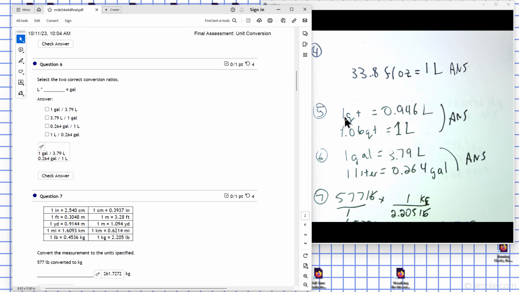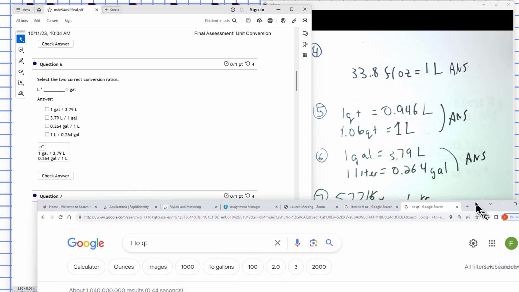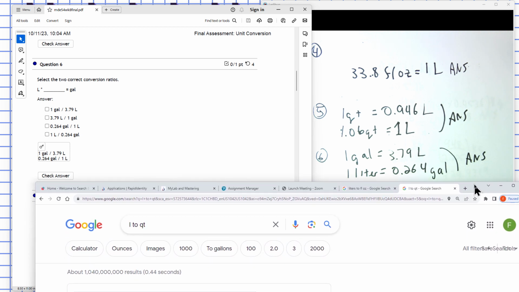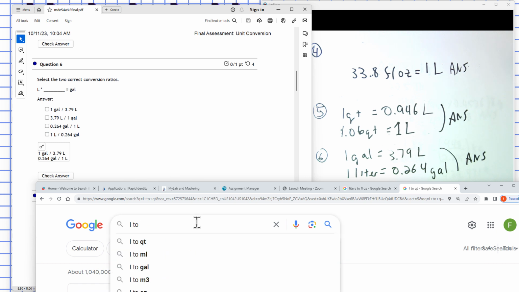Number 6. Select the two going from liters to gallons. So you can do the same thing again. Liters to gallons.